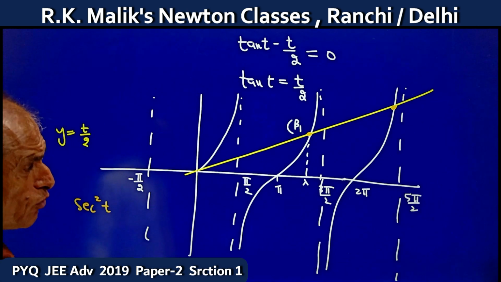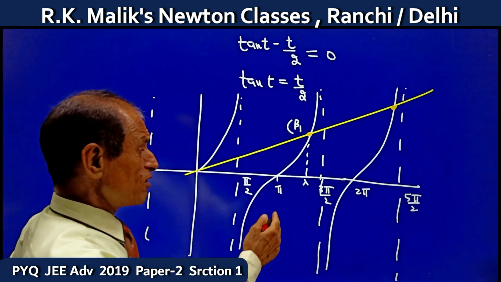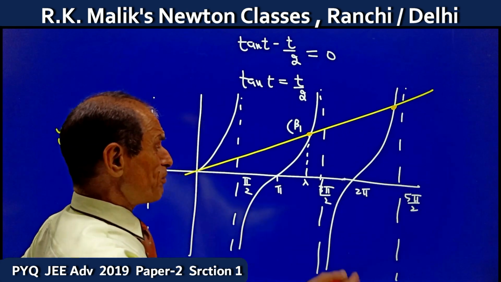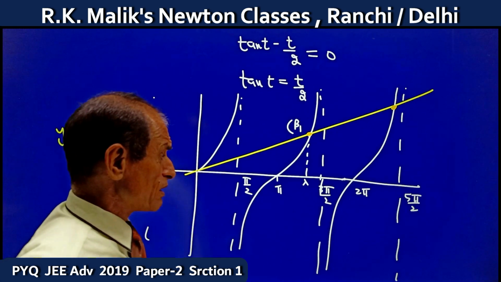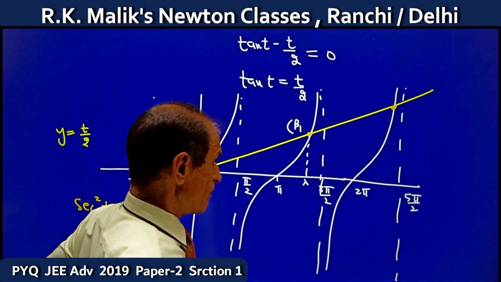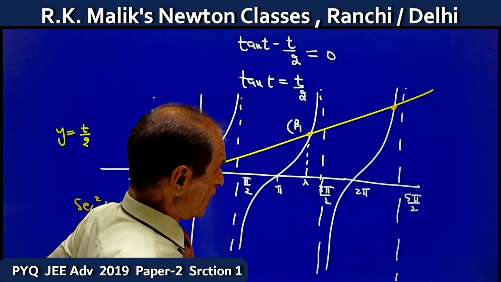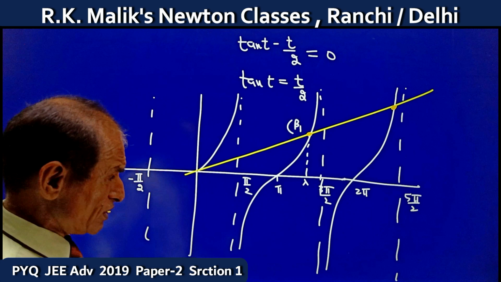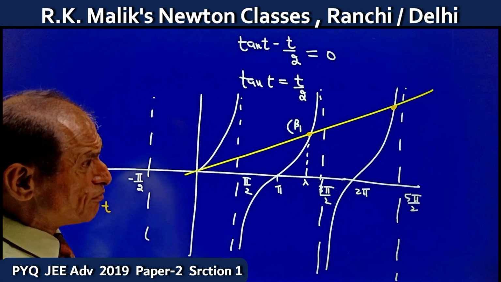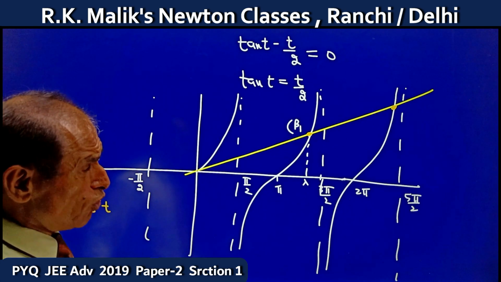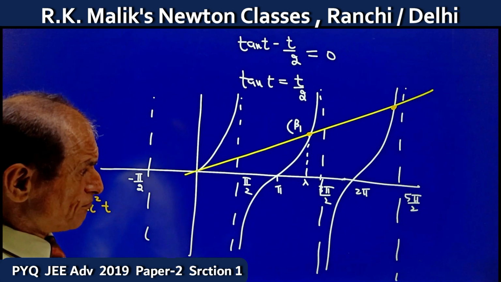From here, I can say beta 1 is the first point where the function has local minima. And the second point to be noted is it's not required to check each and every point whether that is a point of local maxima or local minima, because it is also a theorem that for all continuous functions, maxima and minima always occur alternately.